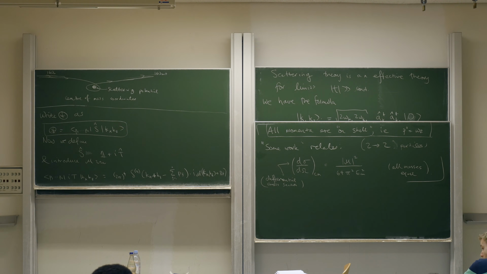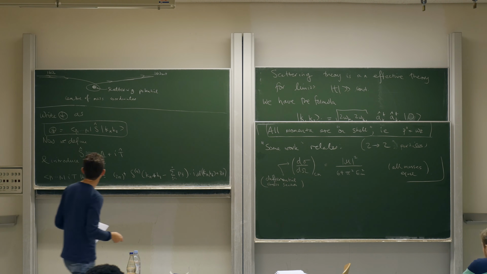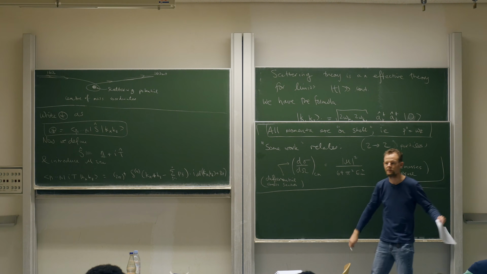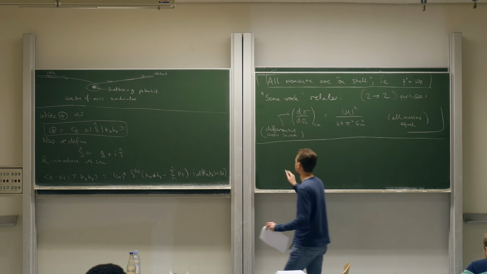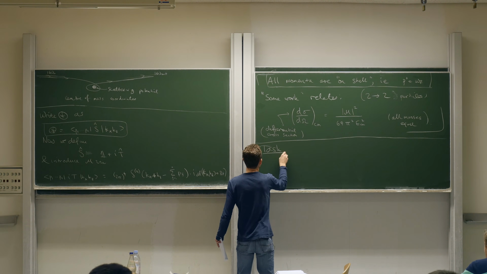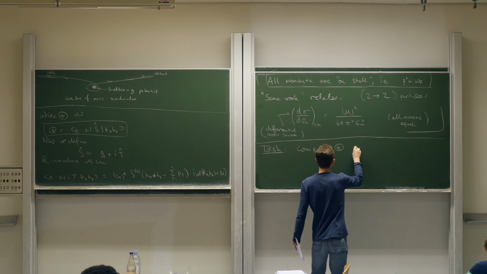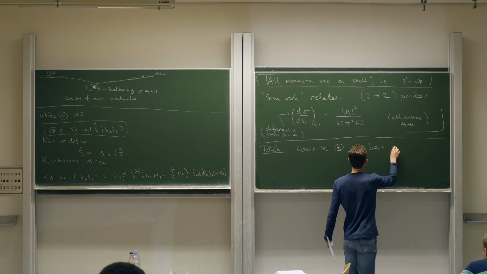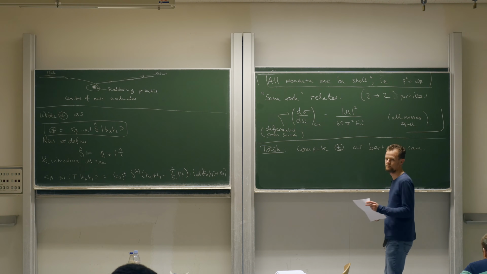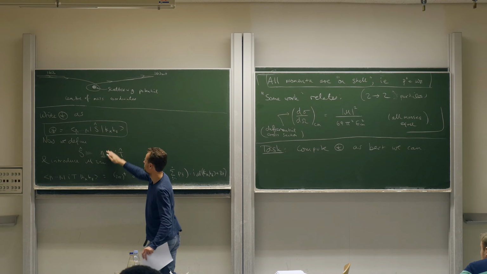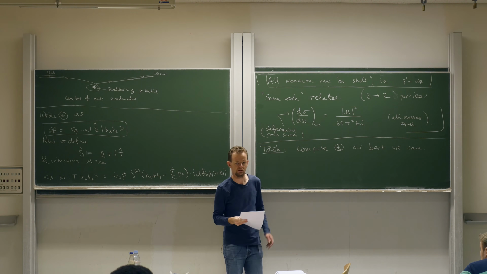This is a very intriguing formula because it's very close to what we've been calculating so far, which have been vacuum to vacuum expectation values. So the task now is to compute star as best we can, because star is directly related by a couple of substitutions to this differential cross-section.